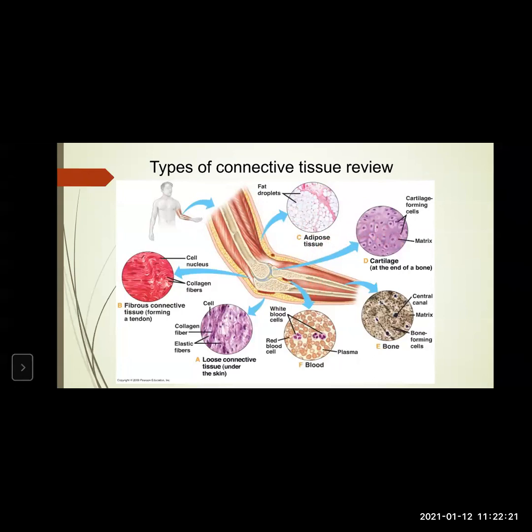Then the next tissue that we have studied was cartilage. Cartilage is a supportive tissue which is present between the joints of our body.